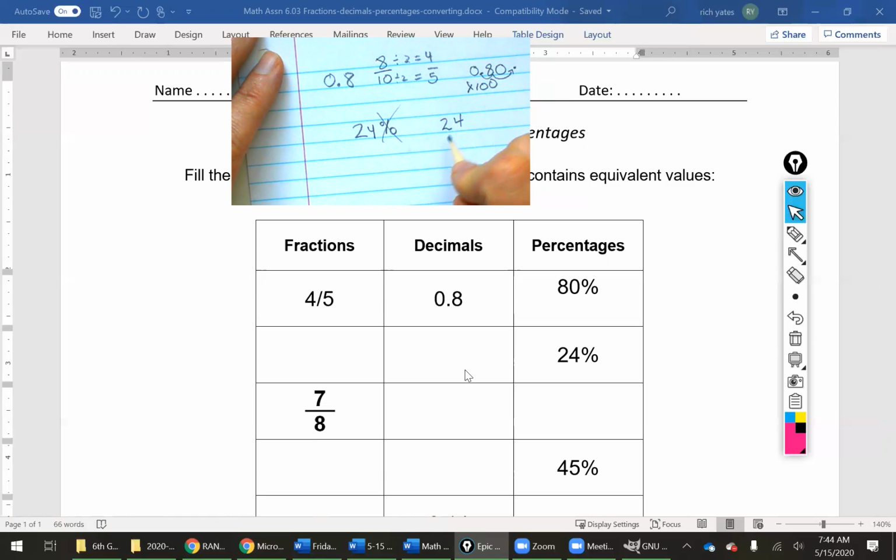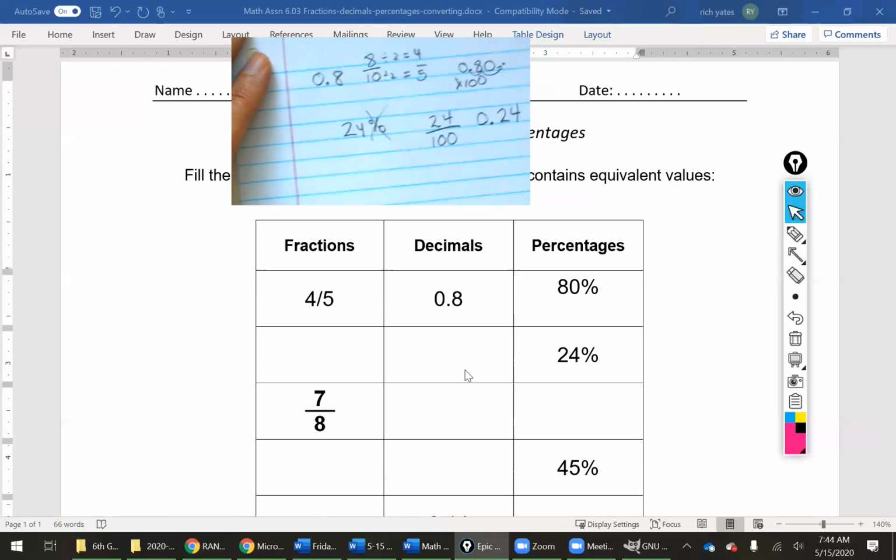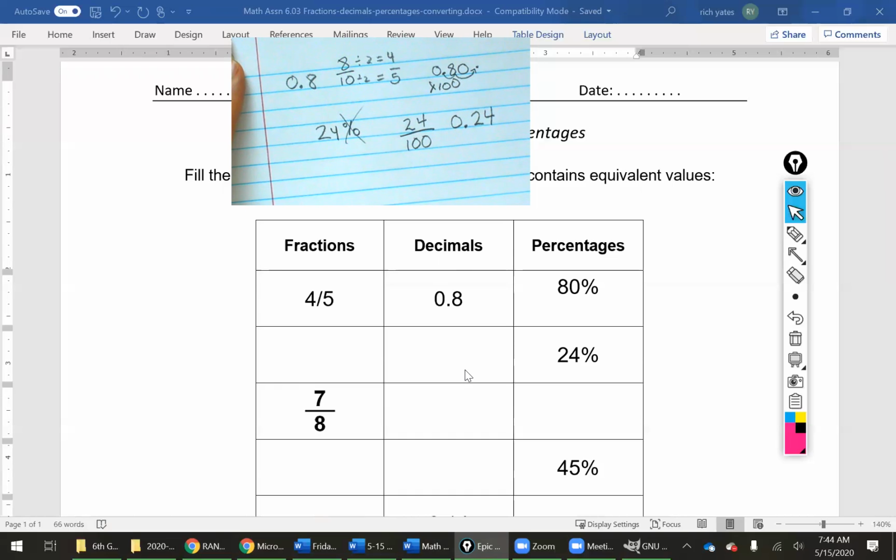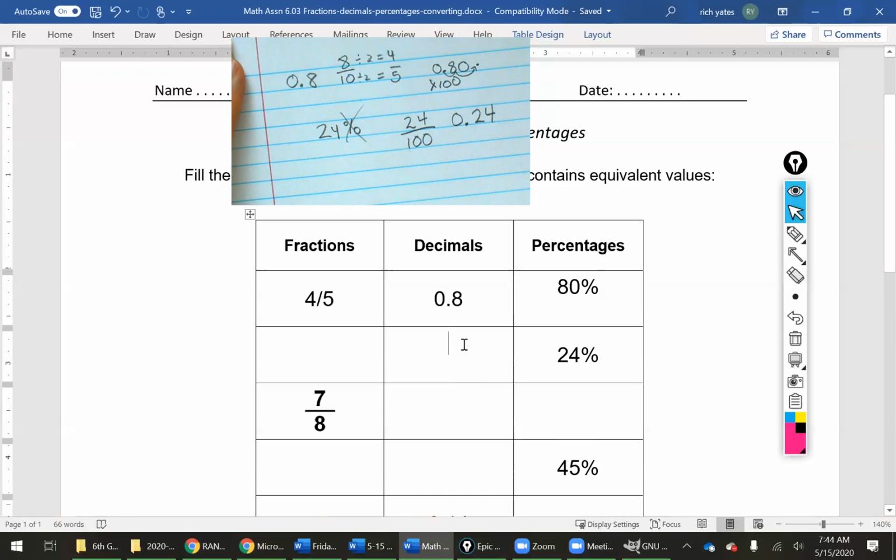We write that as 24 over 100, because this percent means out of 100. When you see we have 24 hundredths, that means we write it in standard form, 0 and 24 hundredths, just like that. So we'll put inside of our decimal column right here, 0 and 24 hundredths.